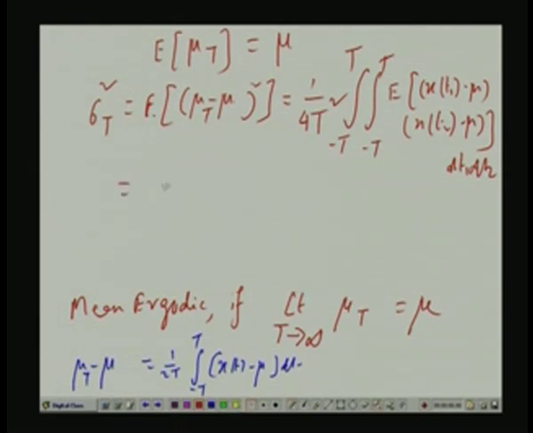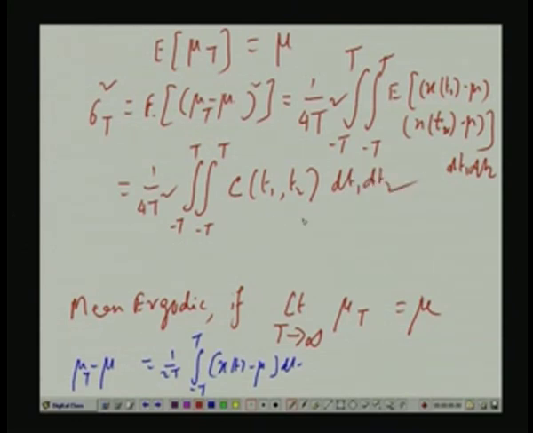In that case, this simply becomes equal to 1 by 4 t square, double integral of C, the covariance at t 1 t 2, d t 1 d t 2.